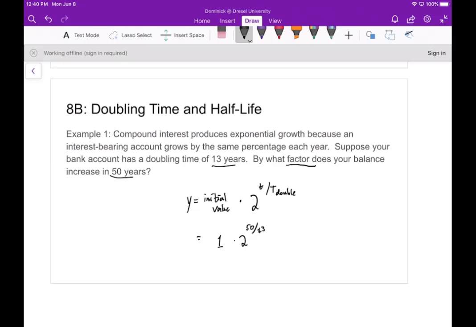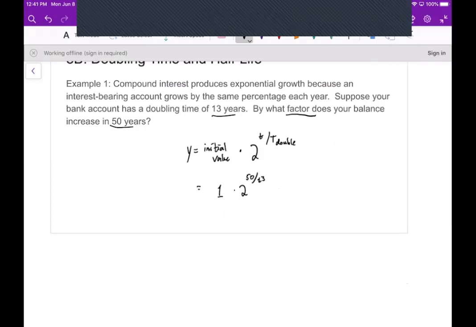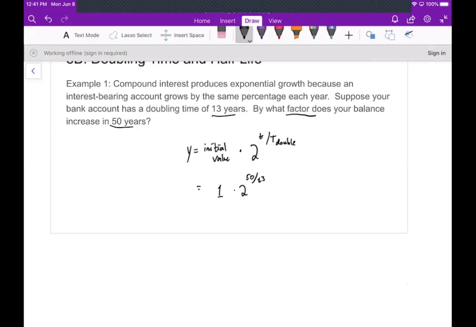So now I need to do 1 times 2 to the 50 over 13. For this, we're going to need a calculator. If we enter this in, 2 to the parenthesis 50 over 13, that's going to give us that y is about 14.38. So in 50 years, you're growing by a factor of 14.38.